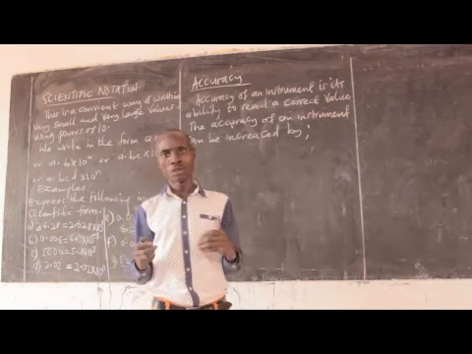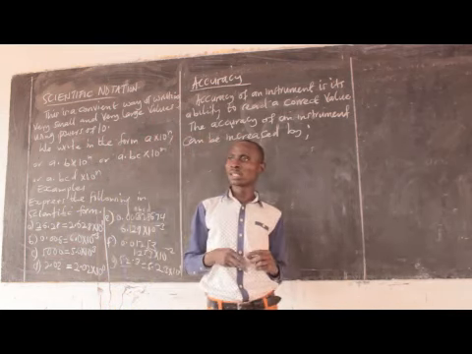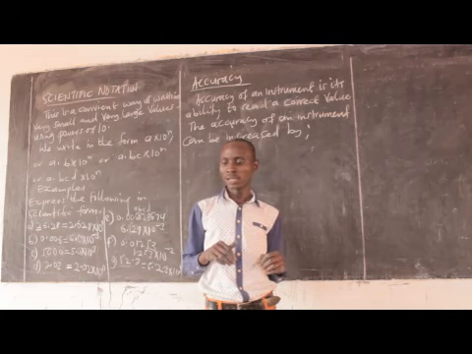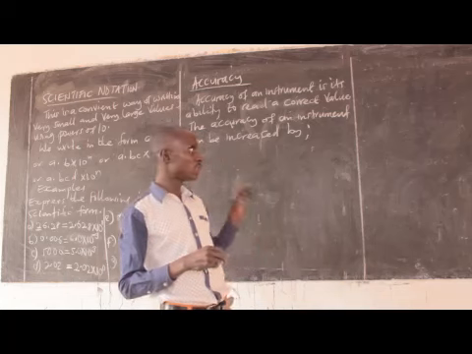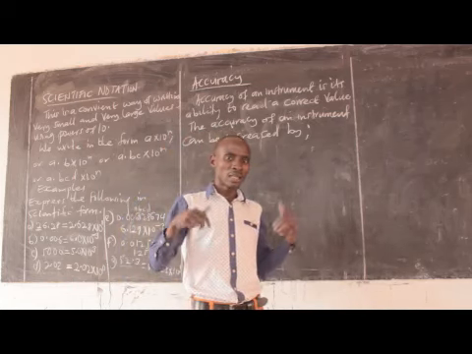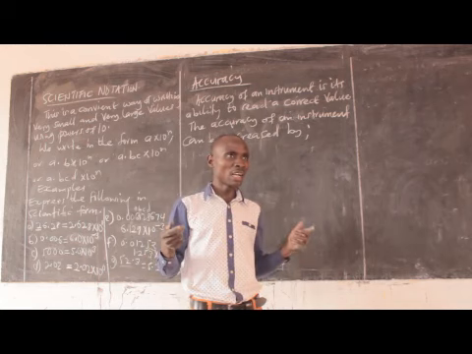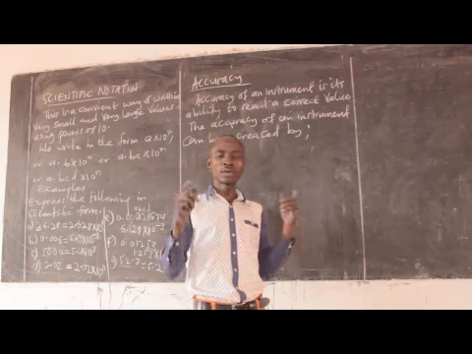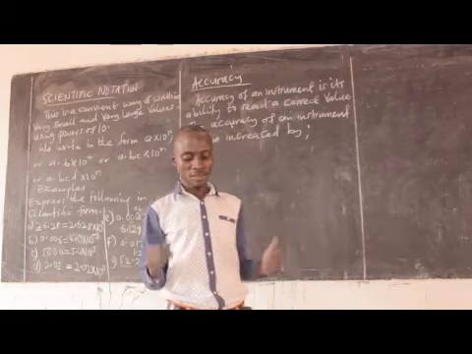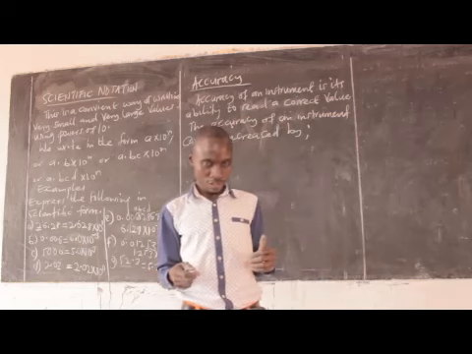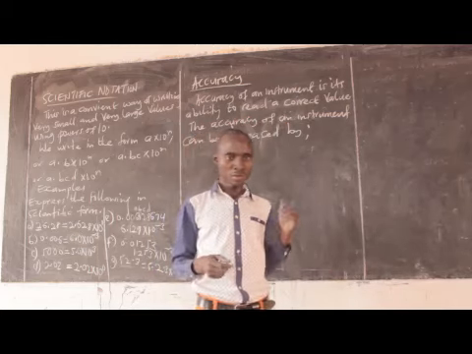What do we do to ensure that whenever there are instruments, we can get accurate values? When you have this knowledge of accuracy, you can even use a faulty apparatus, or an apparatus which is not in good condition, to get correct values.